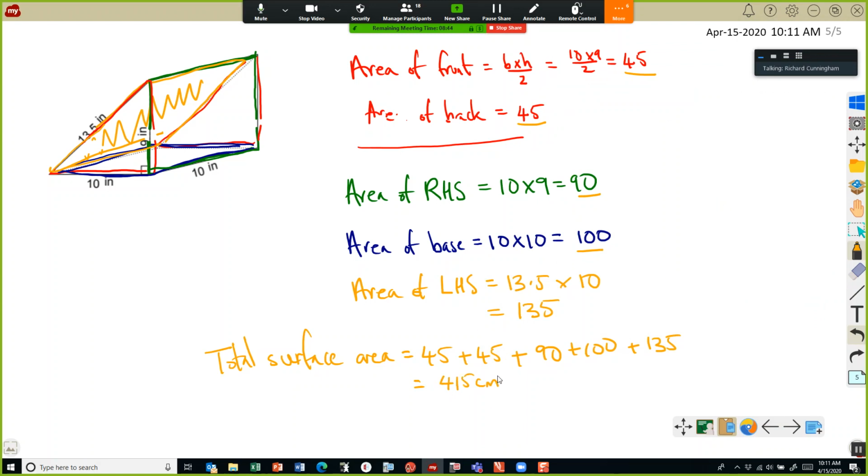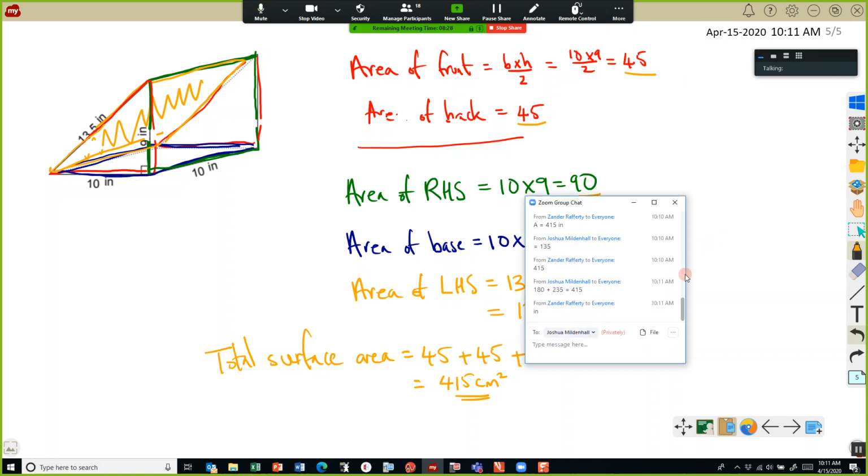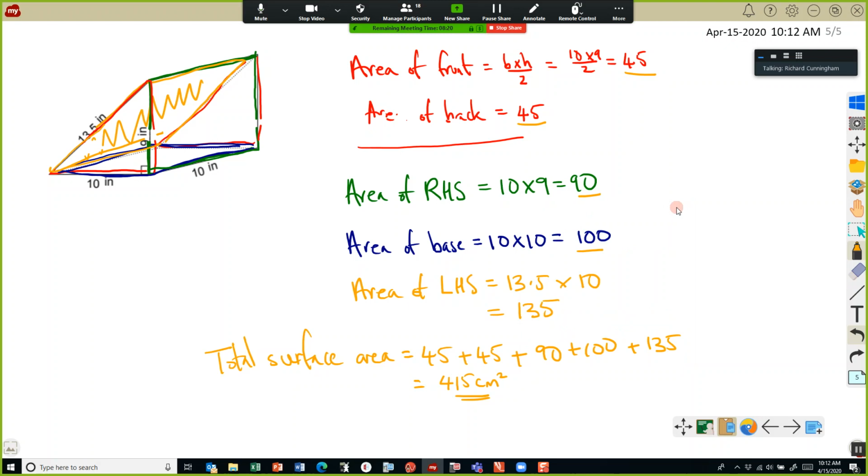And centimeters squared. Okay, so you're just picking out each side of the shape and working out the area of each shape and then adding them up, okay, for the surface area. Does that kind of make sense? Yeah? Okay, good. Those are good comments.